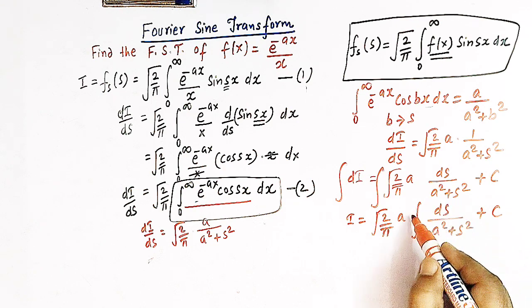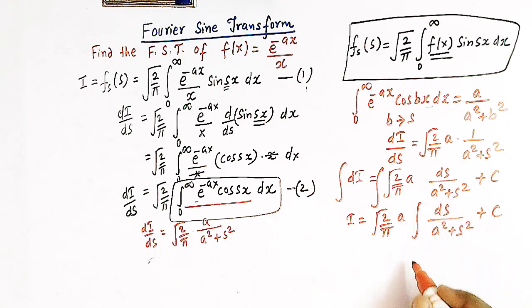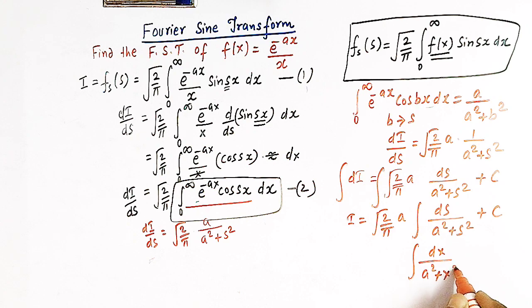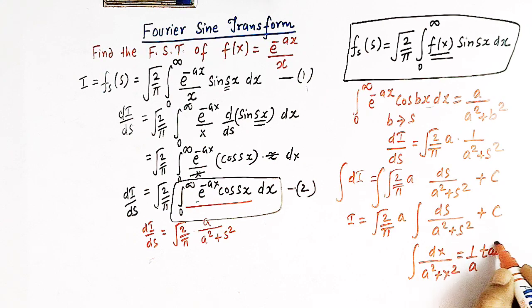Now here we have a standard result. We know that the integral of dx over a square plus x square is given by 1 over a tan inverse x over a.